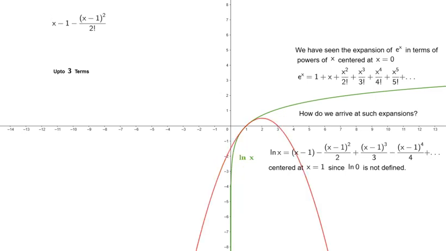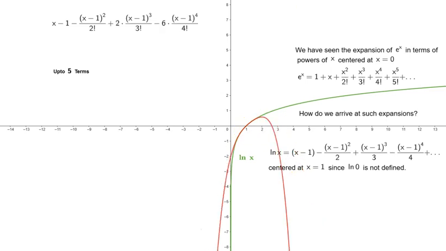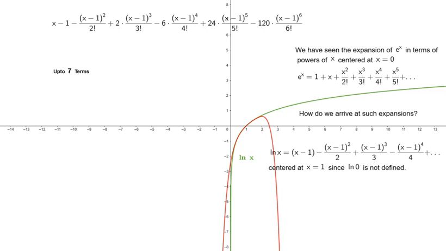Now let's take the first 3 terms, 4 terms, 5 terms, 6, 7, 8, 9, 10, 11. Beyond a certain number of terms, nothing great is happening. So it stops converging with the function, natural log of x.